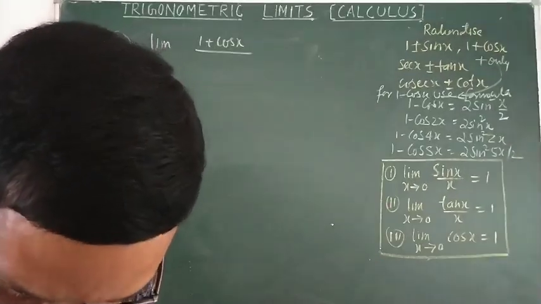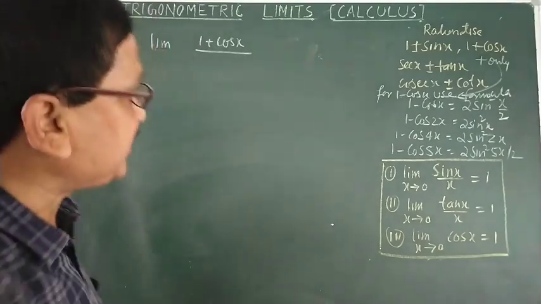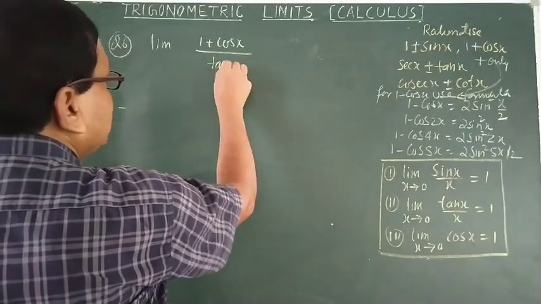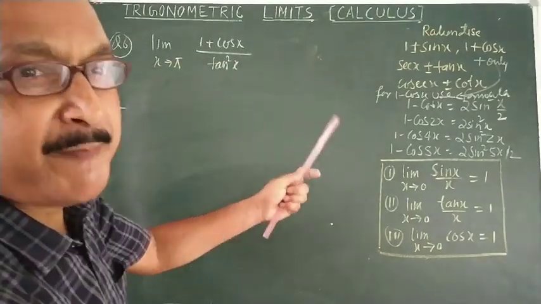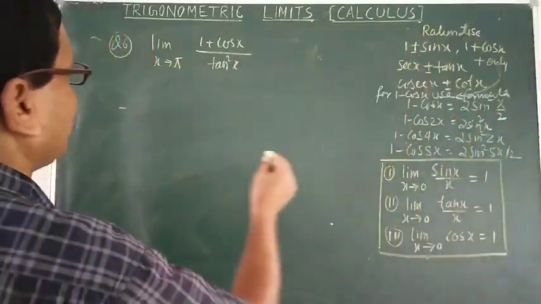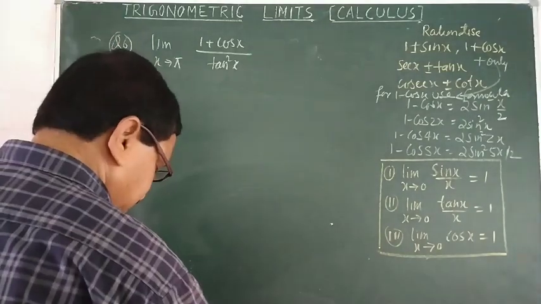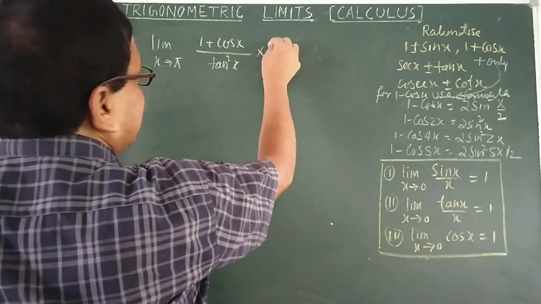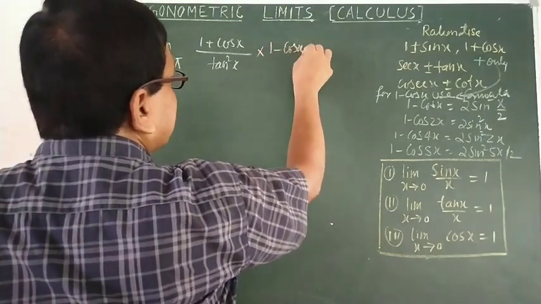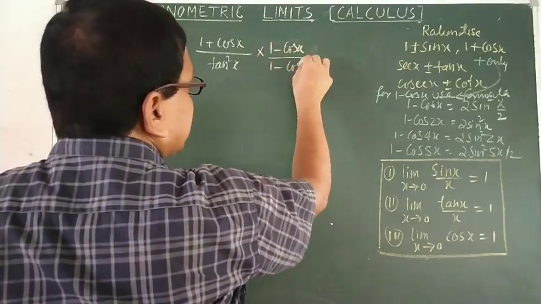By tan square x, limit x tends to pi. In place of 0, pi means 180 degree, you already know. Now rationalize this. We are in habit of rationalization of this, so rationalize immediately 1 minus cos x by 1 minus cos x.